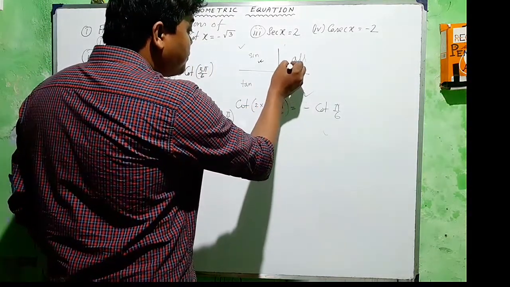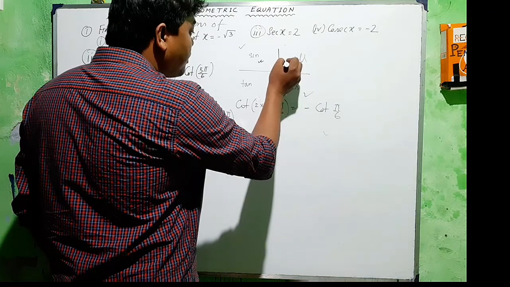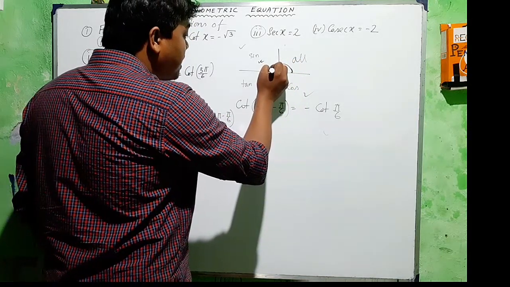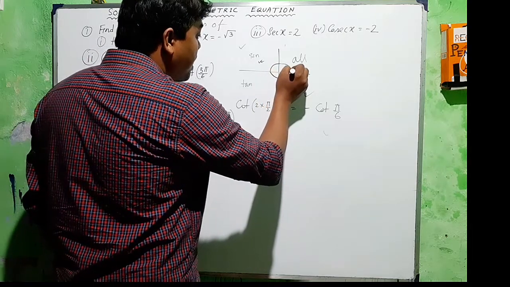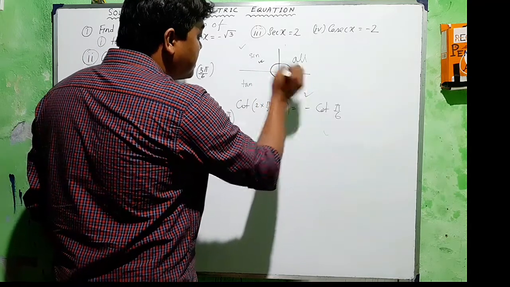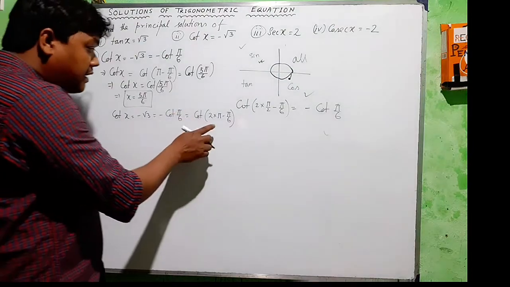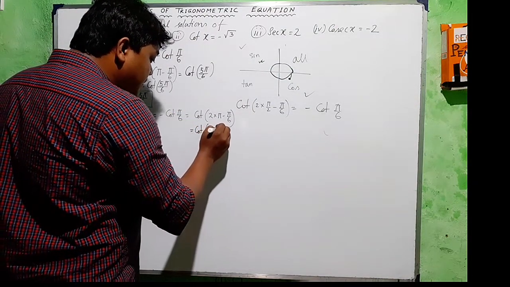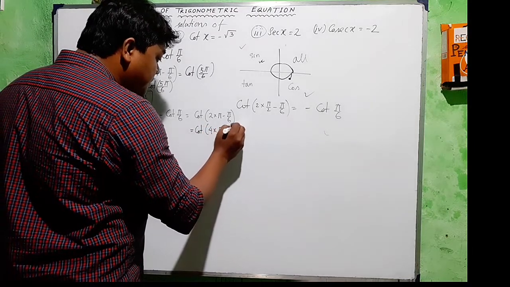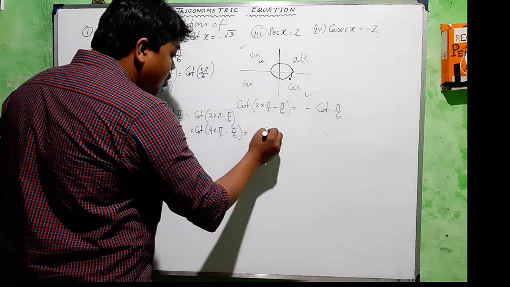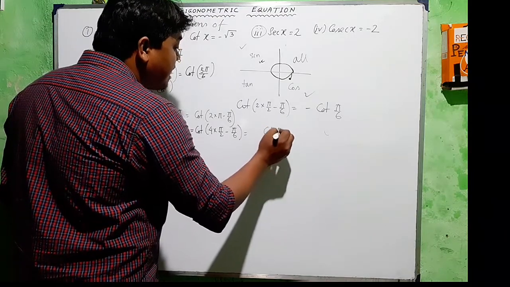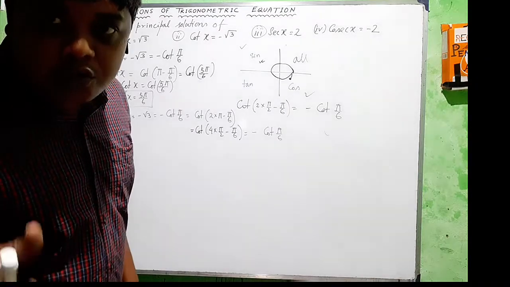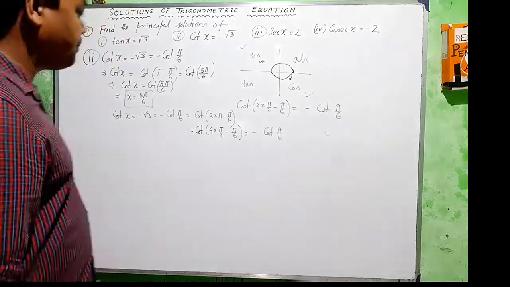So we start in the anti-clockwise direction: pi by 2, pi, 3 pi by 2, and 2 pi minus pi by 6 lies in the fourth quadrant. This is an even multiple, so you can write cot of 4 into pi by 2 minus pi by 6, that is cot pi by 6, and the negative sign appears because this lies in the fourth quadrant. In the fourth quadrant cot is always negative.